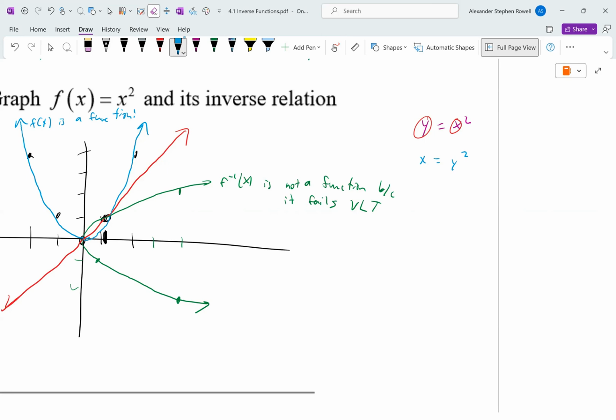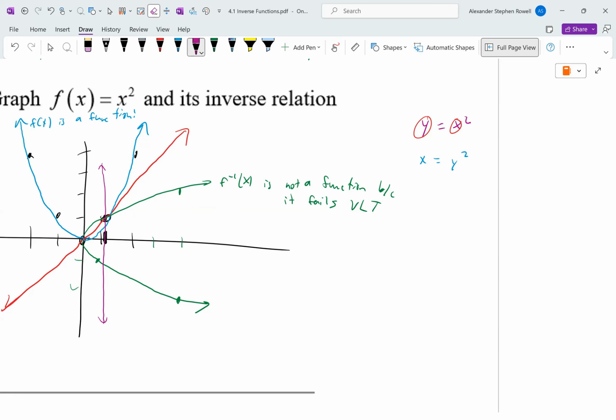So I want to be able to tell if the inverse will be a function before I flip it. Does that make sense? Before I flip it, how can I tell if the inverse is a function? Let's look at this vertical line here that it fails. It fails the vertical line test here, for instance, right? Because that purple line crosses the green graph twice.